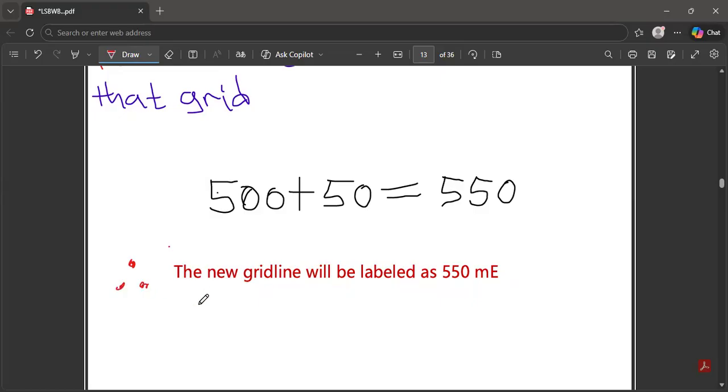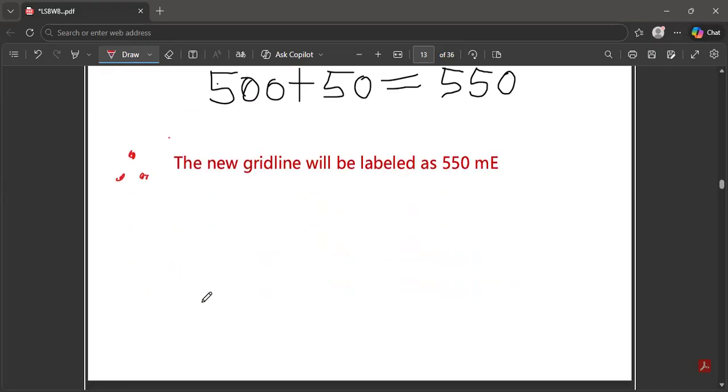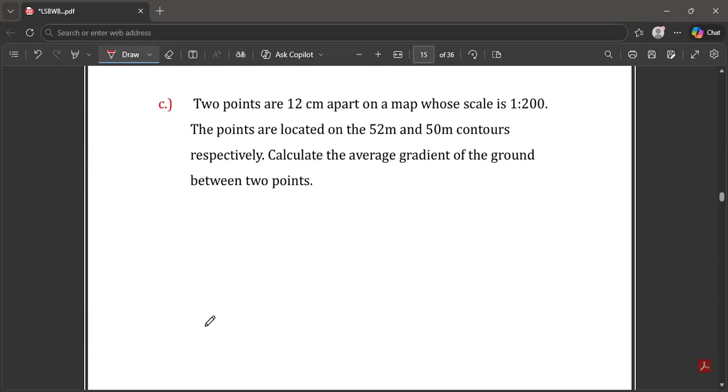Okay. So let's quickly go and look at our second question. Let's look at our question C. The question C says that two points are 12 centimeters apart on a map whose scale is 1:200.